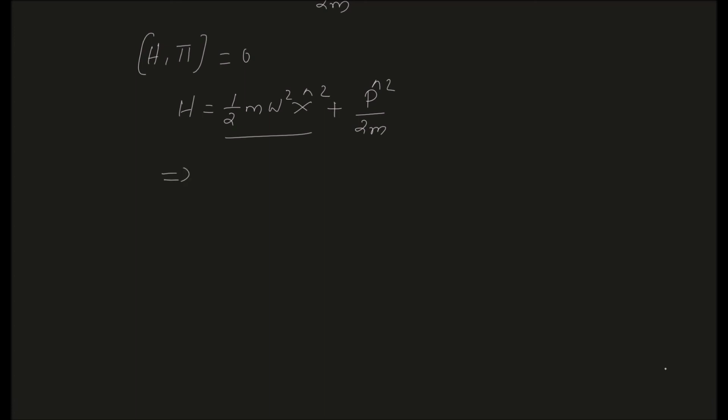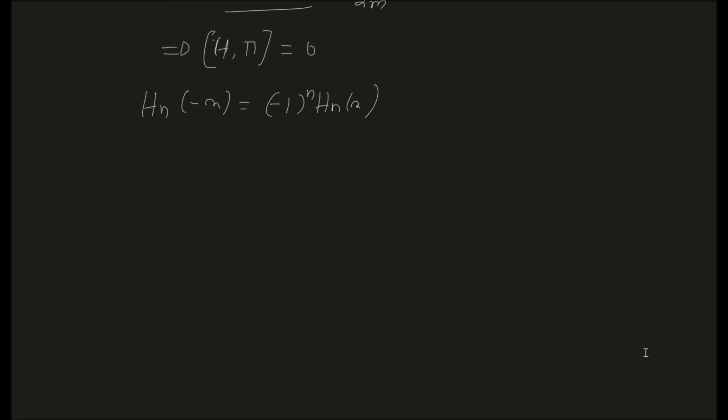That means this Hamiltonian commutes with parity. Now the Hermite polynomials have a definite parity. The parity of the Hermite polynomial is given by Hn of minus x is equal to minus 1 raised to n, Hn of x.